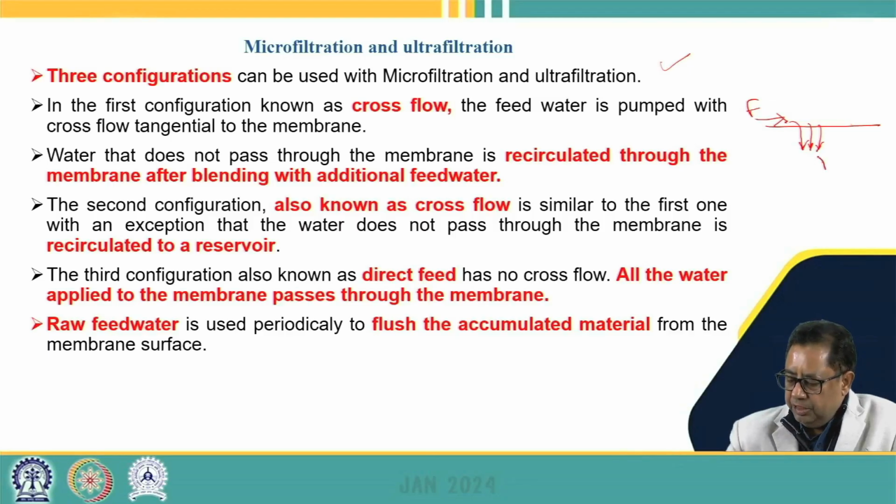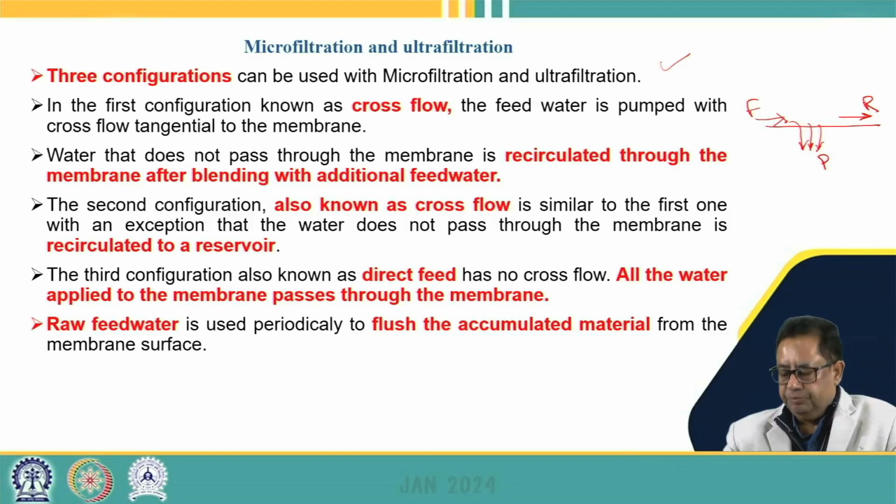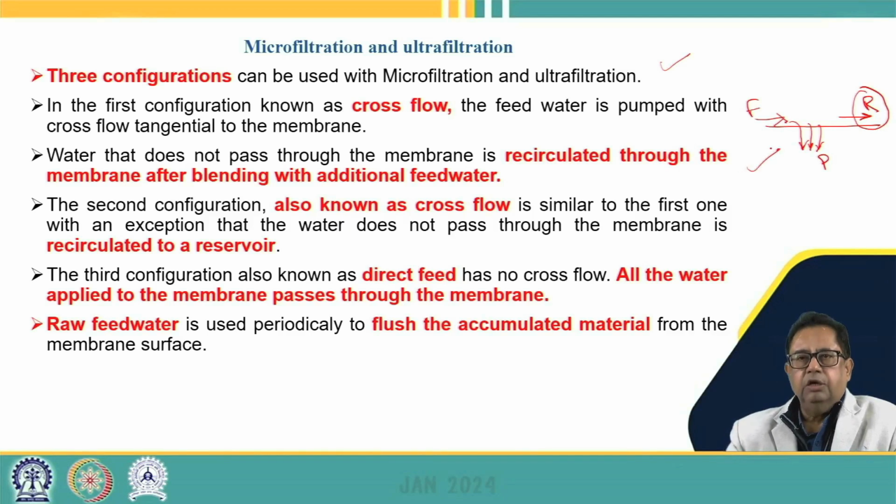This is the permeate going out of the system, and the reject, or the retentate or the concentrate, passes in the same direction as it is not filtered through the membrane. So this becomes the reject or the retentate. This type of system is called the cross flow system. Whatever the retentate, reject or concentrate, it may be recirculated to the additional feed water. This is the first type of configuration.